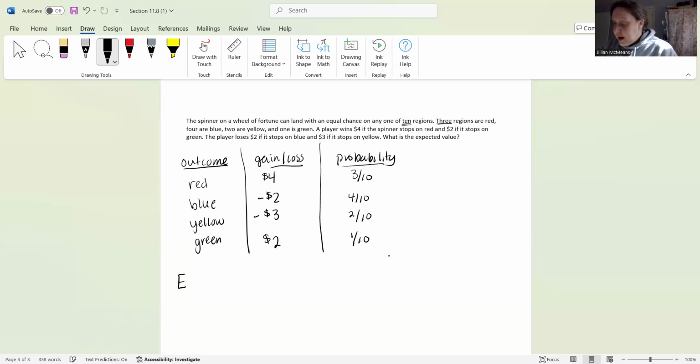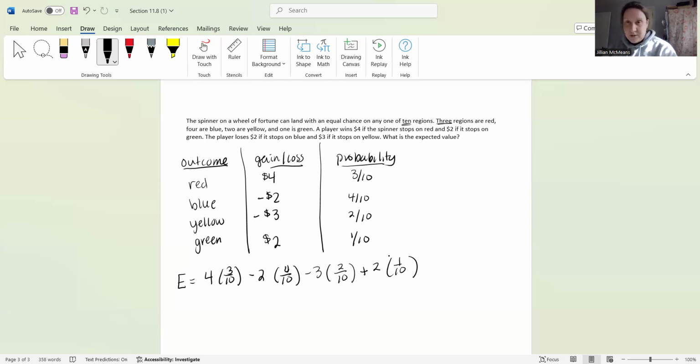Now, the expected value. If we land on red, we win $4. The probability is 3/10. If we land on blue, we lose $2. Probability is 4/10. If we land on yellow, we lose $3. The probability is 2/10. And if we land on green, we win $2. The probability there is 1/10. Okay. Now we would want to go to the calculator.